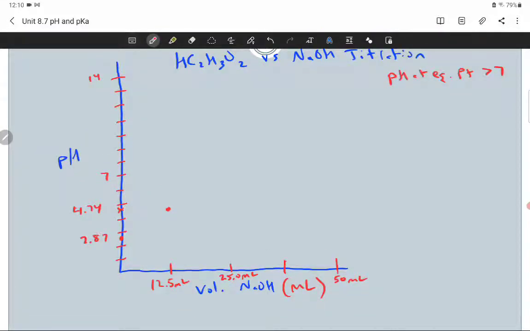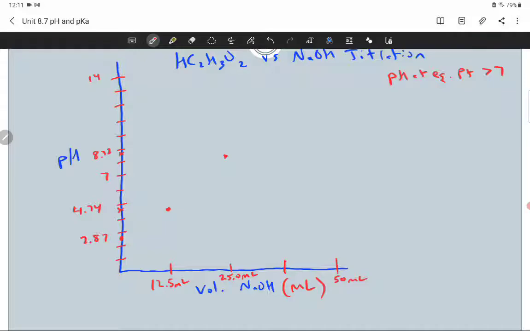We have 7, we have 8. 8.72 is about there, and 25 milliliters. I'm doing this freehand here, so it may be a little off, but that would be fine. If you had to do that freehand on a test, obviously there's a good bit of leeway there. So that was 8.72 for that.